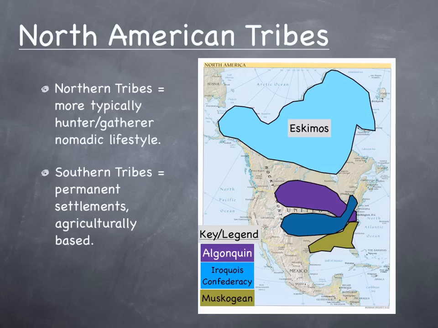If they're southern, and when I say southern, I'm talking everywhere from California, Arizona, New Mexico, down through South America, they tend to be more permanent settlements, agriculturally based, and if you go mid-Mexico down, they're actually large empires. In northern Mexico, Arizona, California, and New Mexico, they're not an empire. They're a confederation of Indian tribes known as the Pueblos, based on the styling of buildings they built.